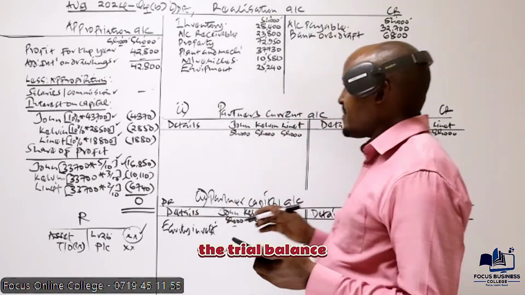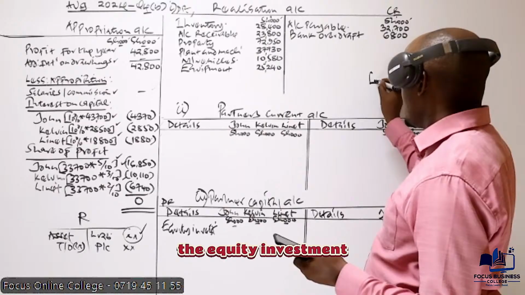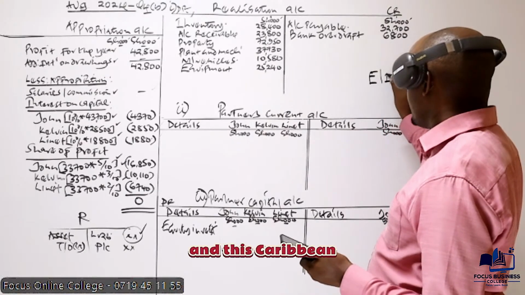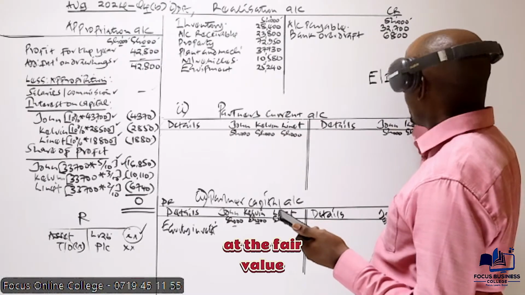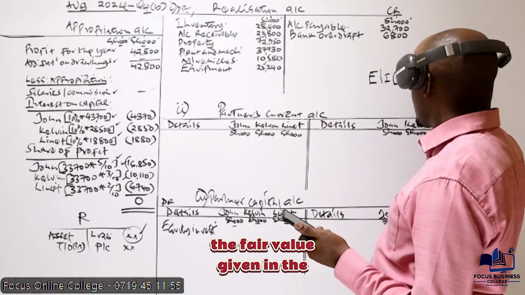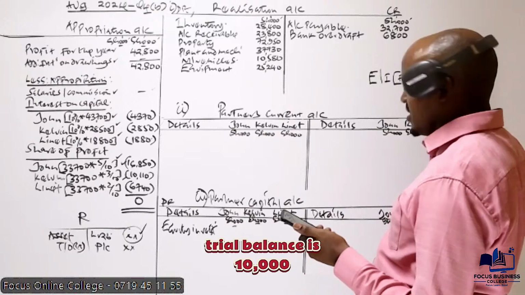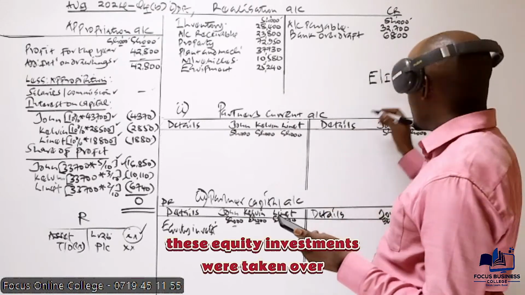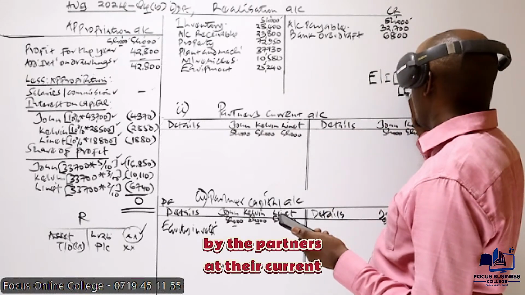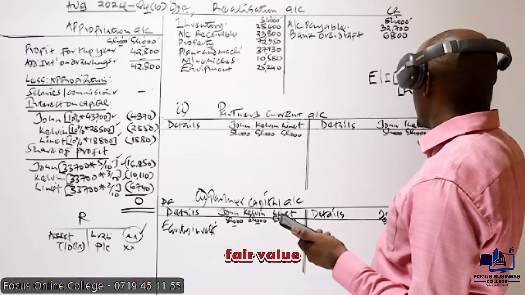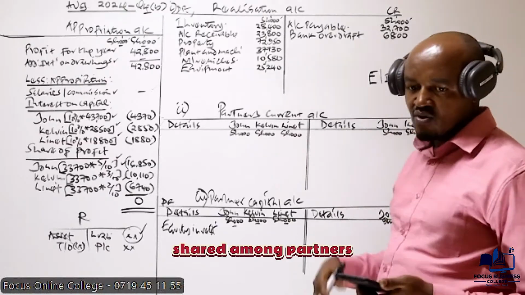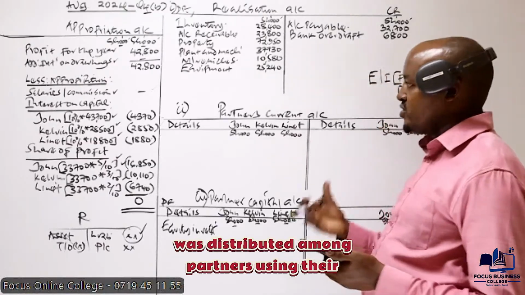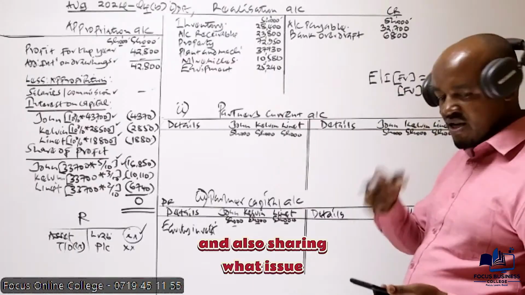Now, if you go back to the trial balance, you can see we are given the equity investment at the fair value. The fair value given in the trial balance is 10,000, but you're told in note number 2 that this equity investment was taken over by the partners at their current fair value of 18 million, and this was distributed among partners using their profit and loss sharing ratio.